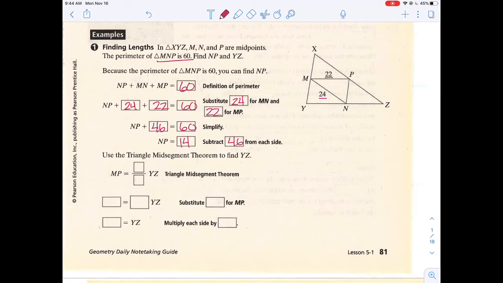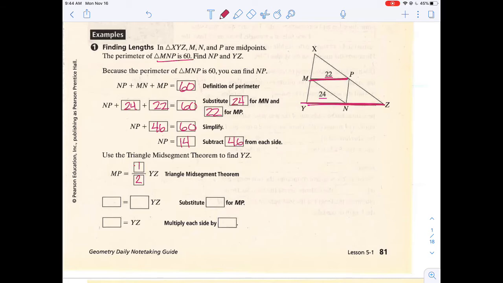Then we're going to use the triangle midsegment theorem to find YZ. So we know that the midsegment is half the length of the actual triangle side. So MP is half YZ. This line is half of this bottom line.